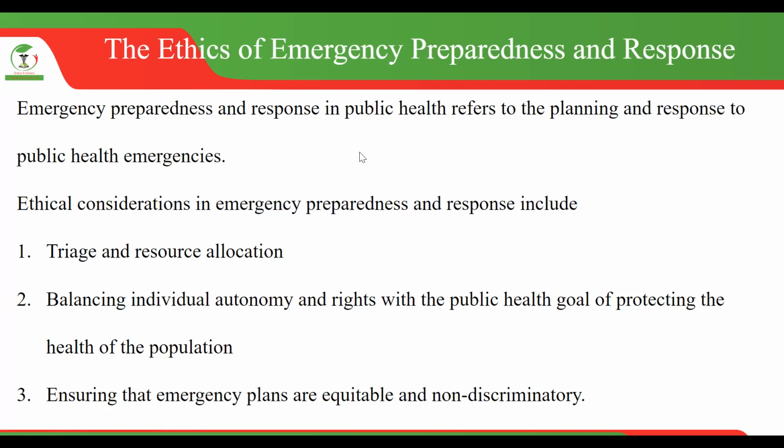So who are you going to give oxygen and who are you not going to give oxygen? The general pattern was that the elderly patients who had little chances of surviving were not being given oxygen, and oxygen was given to those who have high chances of surviving COVID-19. So resource allocation is an issue if you have a big health problem, for example, an outbreak where the resources are stretched.